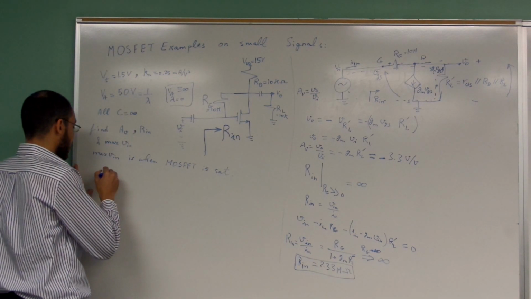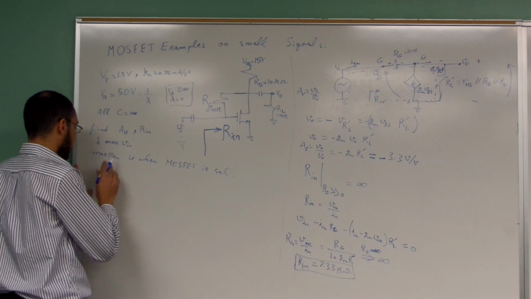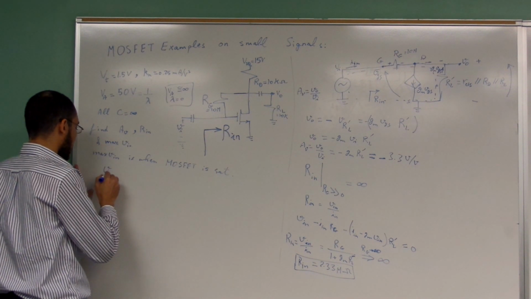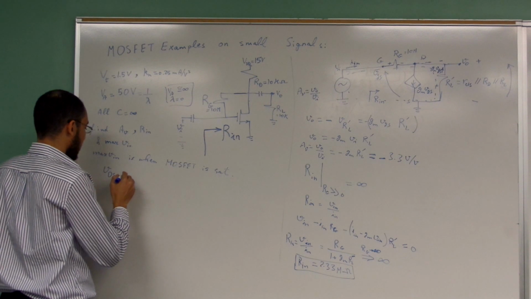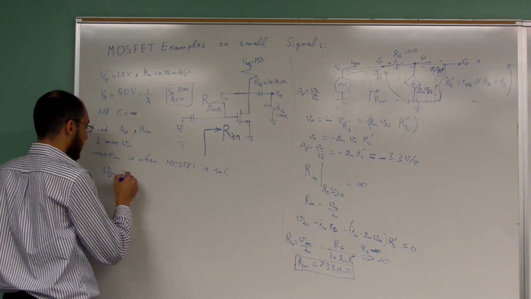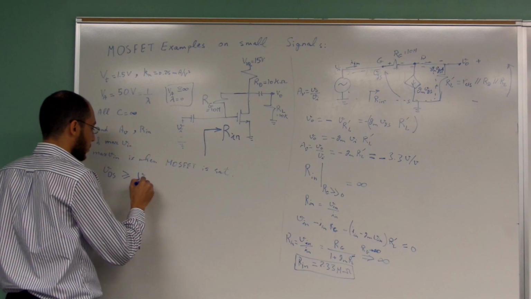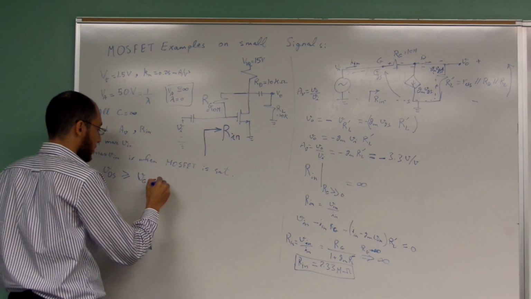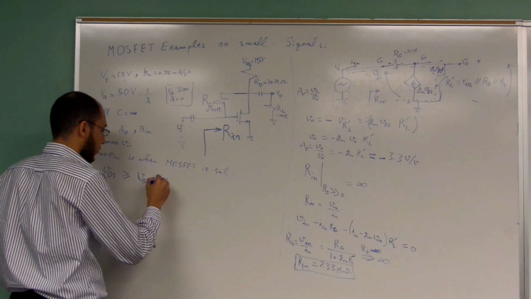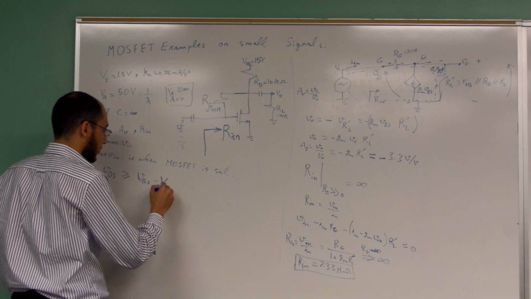Which means that V_DS has to be greater than or equal to V_GS minus V threshold.